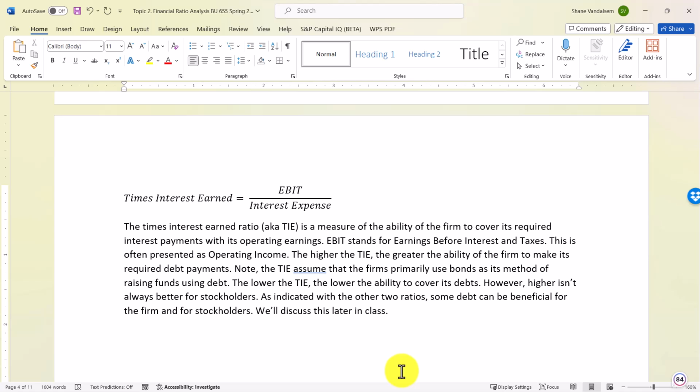The lower the TIE, the lower the ability of the firm to cover its debts. However, higher isn't always better for stockholders. As indicated with the other two ratios, some debt can be beneficial for the firm and for stockholders, and we'll discuss this in another video later on.